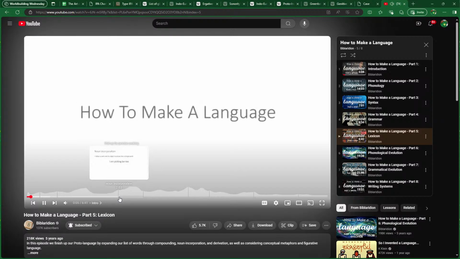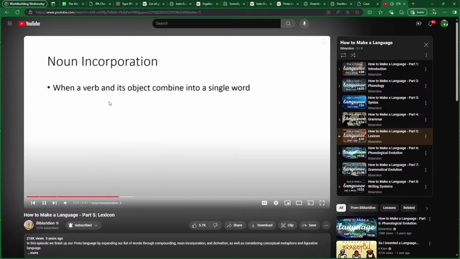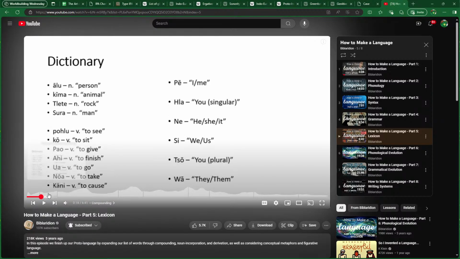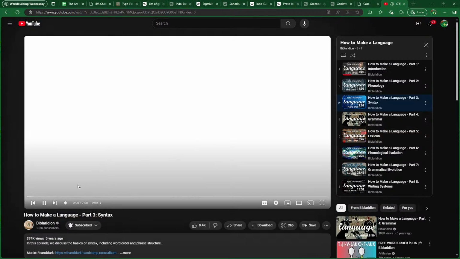Noun incorporation occurs when a verb and its object combine into a new word. Let's take our verb to hunt. Wait. Compounding. Time. At this point, you're free to start coining. Wait, we missed something. The syntax.